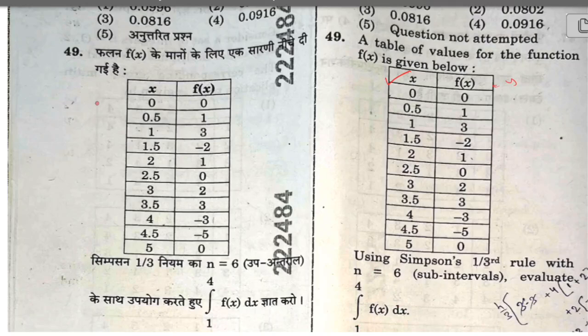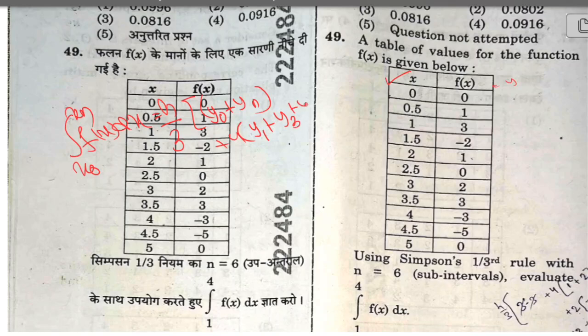So again, using Simpson's 1 by 3rd rule, the integral from x naught to xn of f of x dx equals h by 3 times (y naught plus yn plus 4 times all odd y's, that is y1 plus y3 plus y5 plus up to yn minus 1, plus 2 times all even y's, that is y2 plus y4 plus up to yn minus 2).